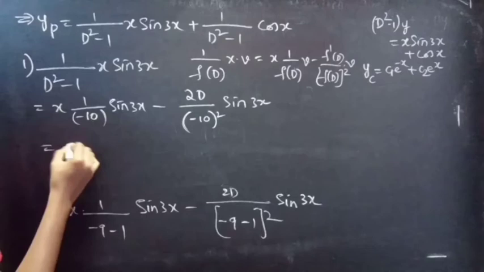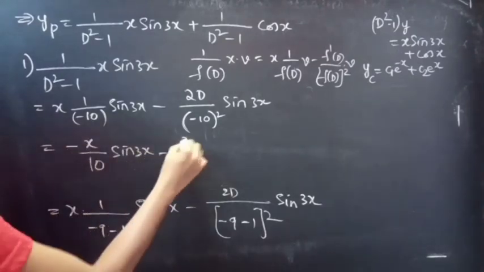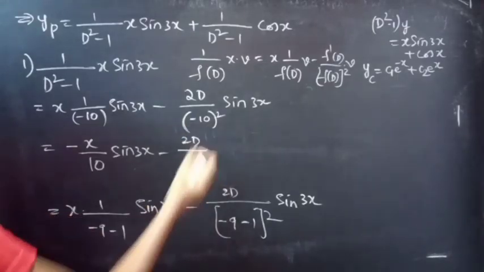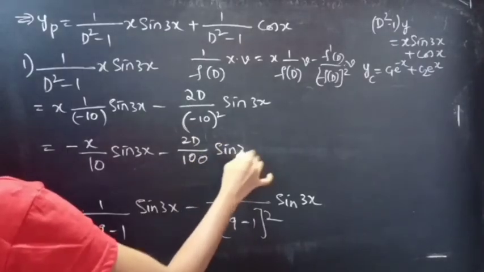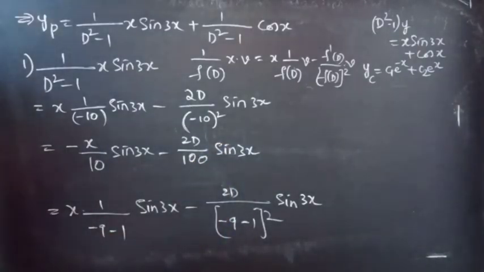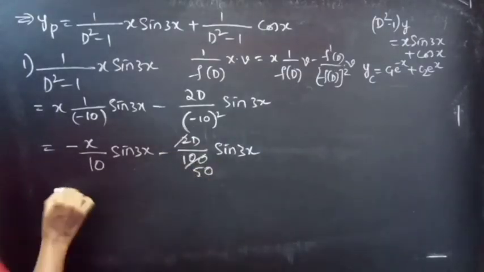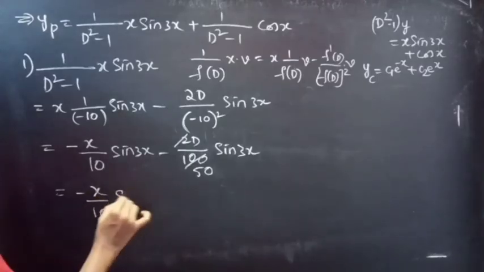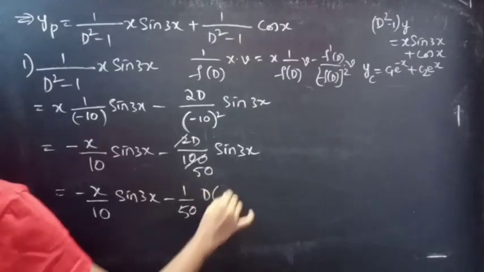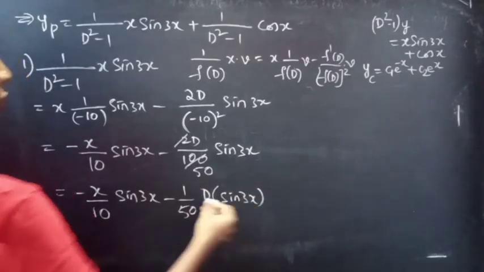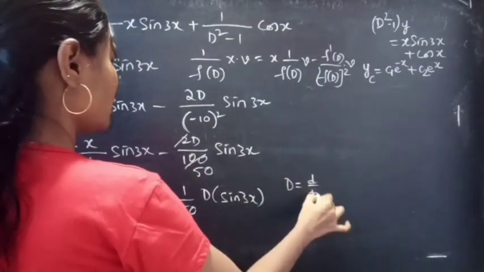This equals minus x by 10 sine 3x minus 2D by, minus into minus is plus, 10 square is 100, sine 3x. Two ones are twos, two fifties are 100, so this equals minus x by 10 sine 3x minus 1 by 50 into D of sine 3x. We know that D is a differential operator, so we can replace D by d by dx.